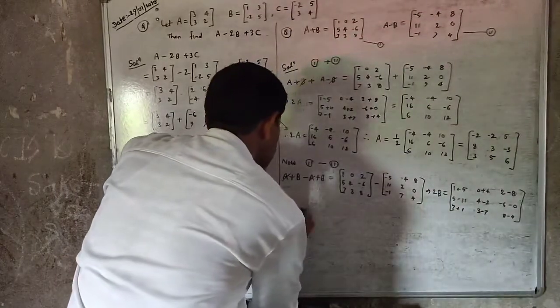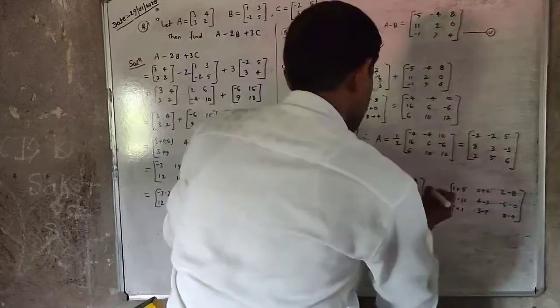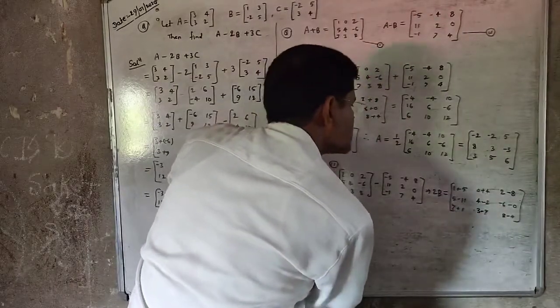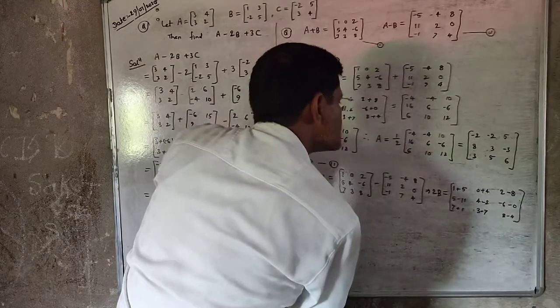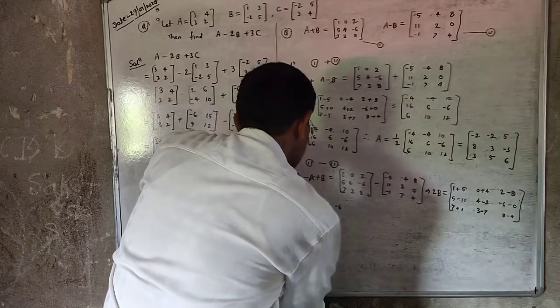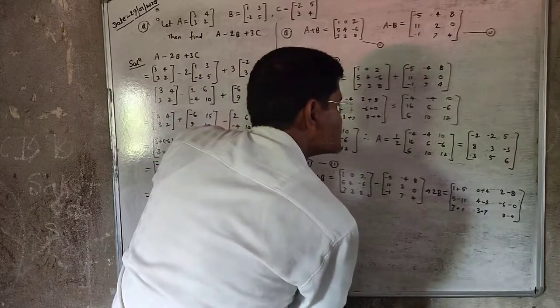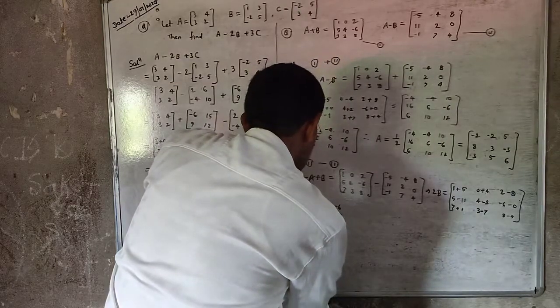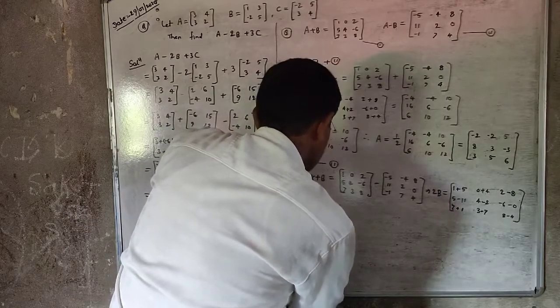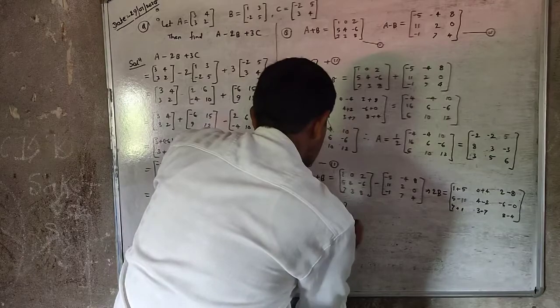This implies matrix 2B can be found as 6, 4, minus 6. 5 minus 11 means minus 6, 4 minus 2 is 2, and minus 6 minus 0 is minus 6. 7 plus 1 is 8, 3 minus 7 is minus 4, and 8 minus 4 is 4.